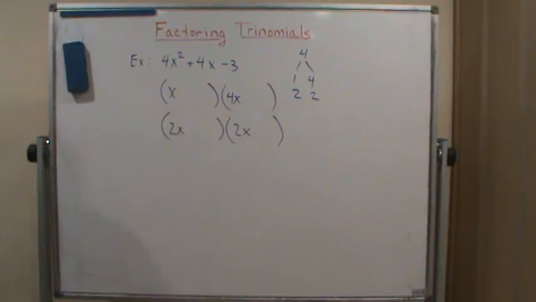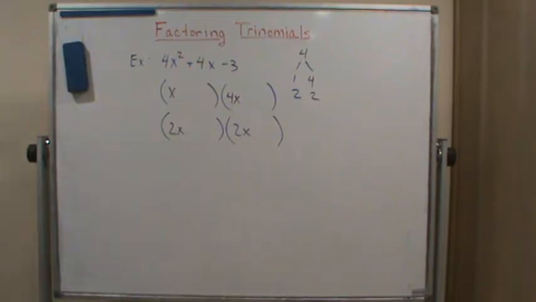Right? And now, if we look at the 3, the only possible constant factors are going to be 1 and 3. Okay? And the negative sign tells us that these factors have different signs. Okay?